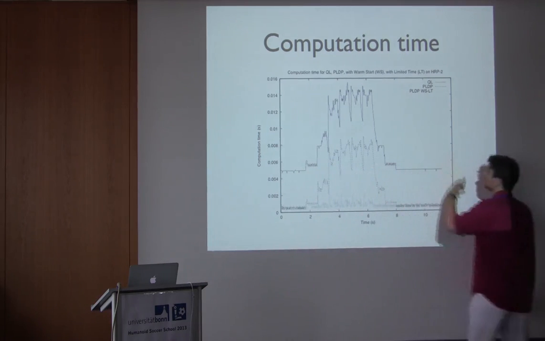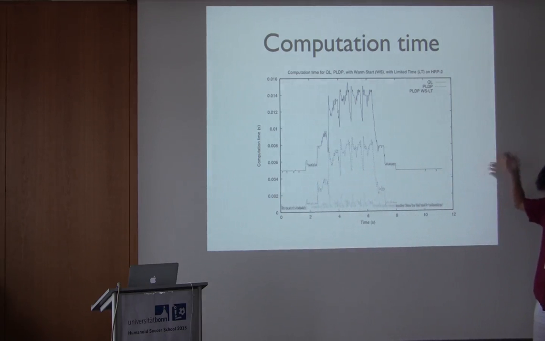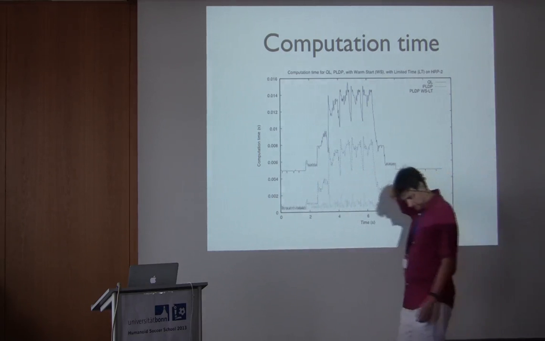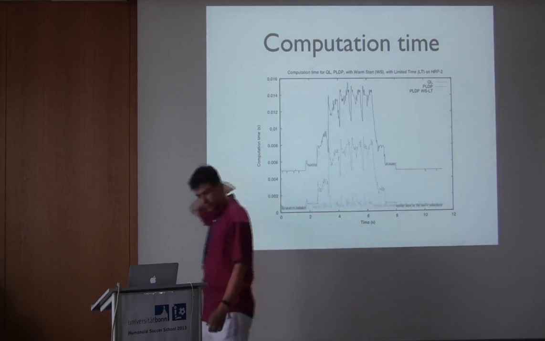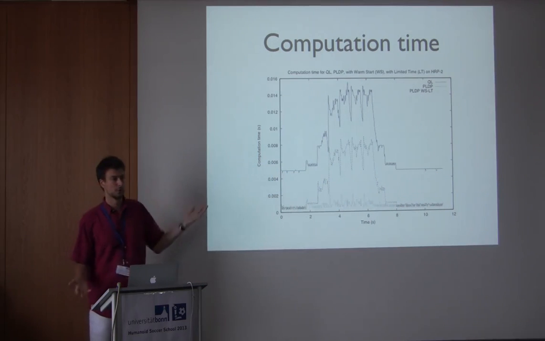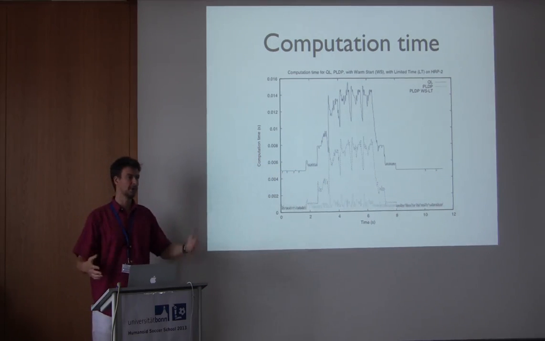So here you have some results we had a few years ago. Just mentioning that we also do this for full body motion control. So if you want to control a full body, but then you want to put inequalities on that, then you solve a QP, and you have the same things.